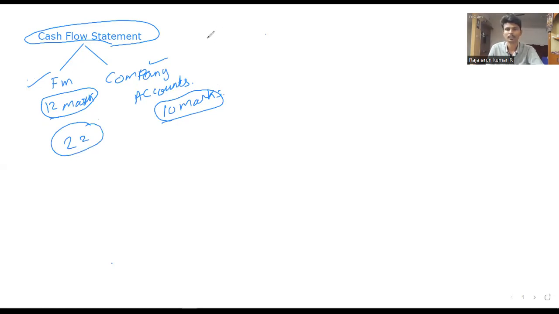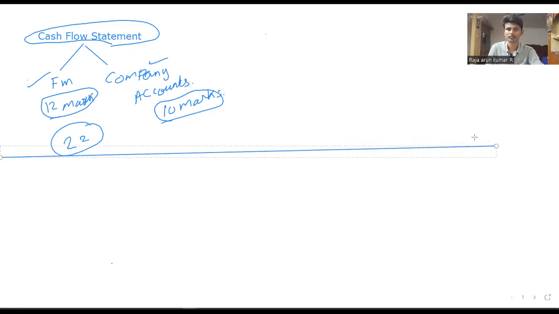Let me start with the concept. There are lots of concepts in the cash flow statement. Don't just follow the format and put in the sums.